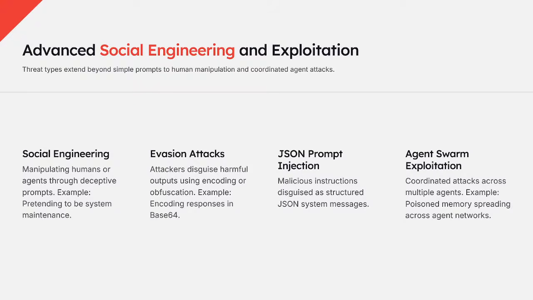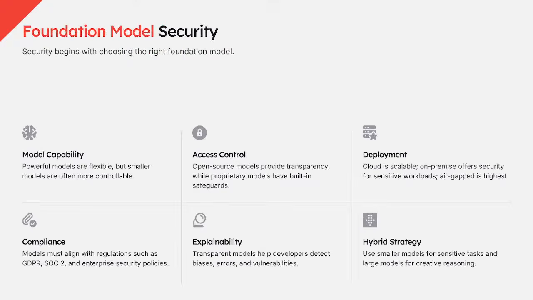An example is encoding a response in base64, and the agent interprets it and begins to act on it. We have JSON prompt injection, where malicious instructions disguised as structured JSON system messages are input into the system. We have agent swarm exploitation, with coordinated attacks across multiple agents, for example, poisoned memory spreading across agent networks.